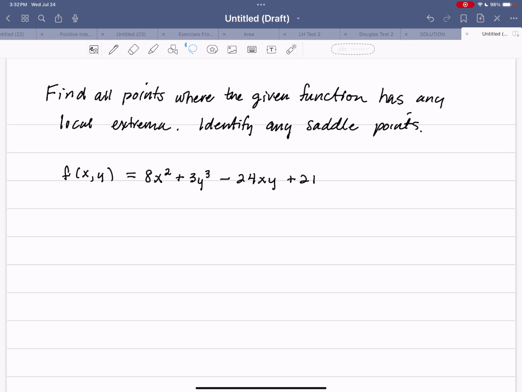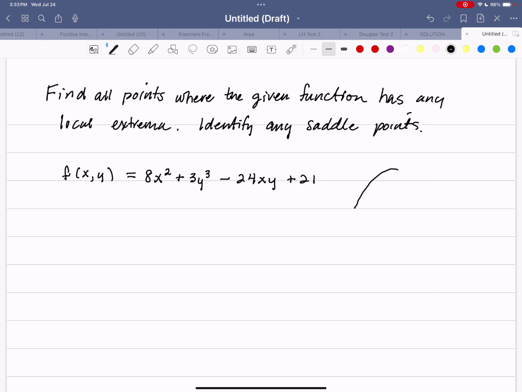Find all points where the given function has any local extrema and identify any saddle points. So this is a multivariable function, so the traditional first derivative test doesn't work. There's a test, and we'll get to the test in a few minutes, that we have to do to decide if we have a local maximum.